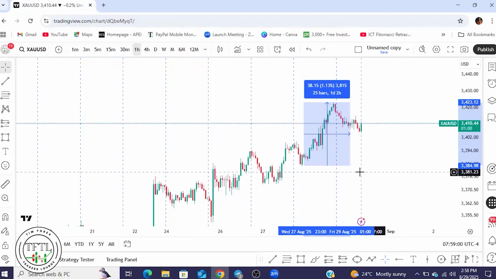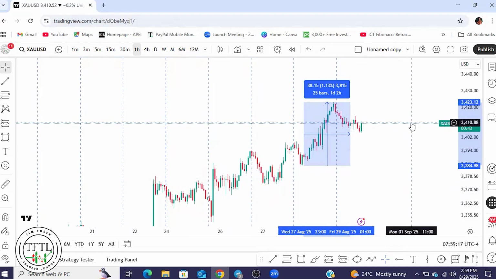Number one, we have talked about market characteristics. Number two is fundamental drivers. You need to understand that gold doesn't trade just on technicals, so you must watch the big picture.